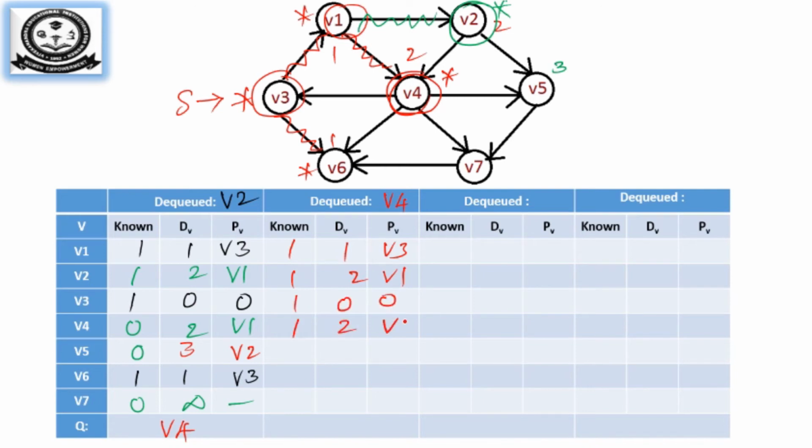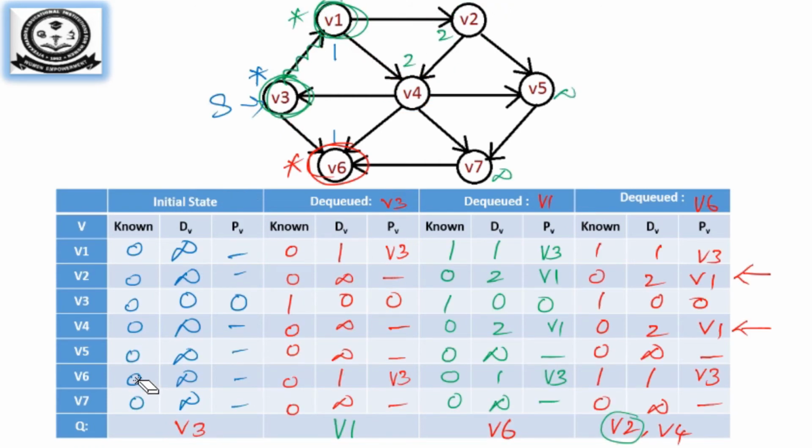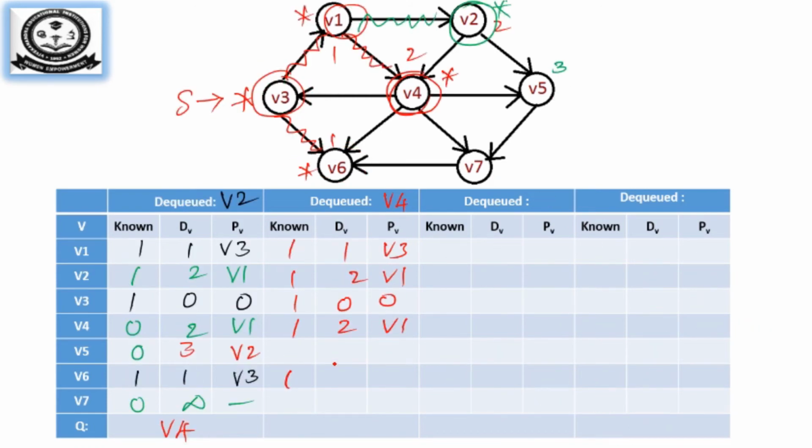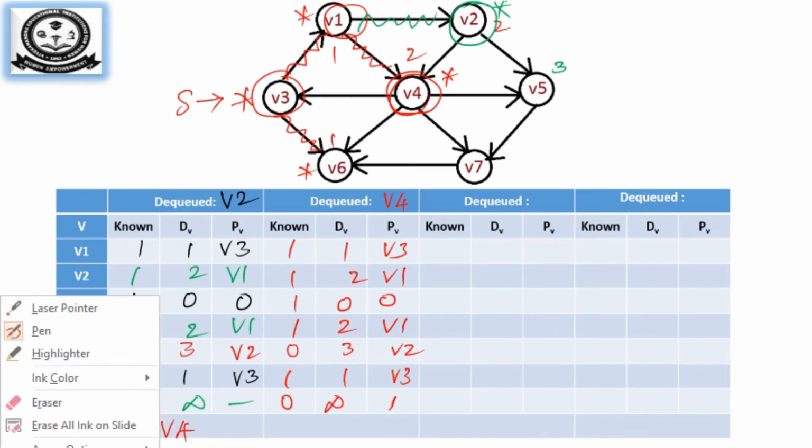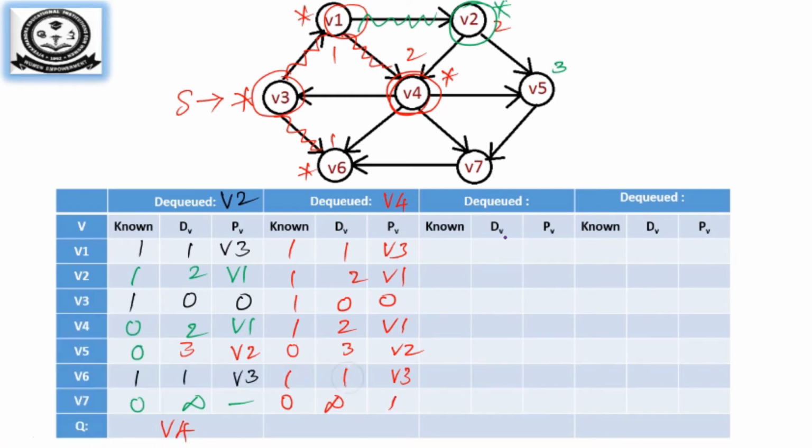So 2, V1. Already V6 is visited. So 1, 1 from V3. It is 0, 3, V2. Okay, 0, infinite, 1. So let us update. We will find and update it.